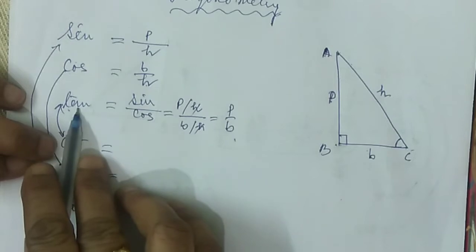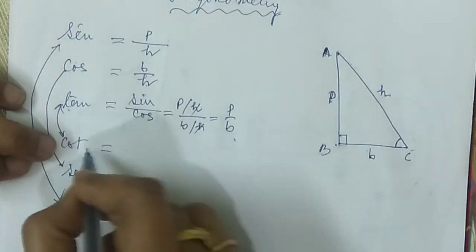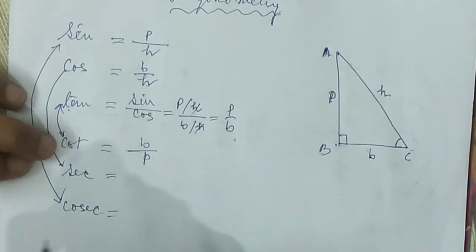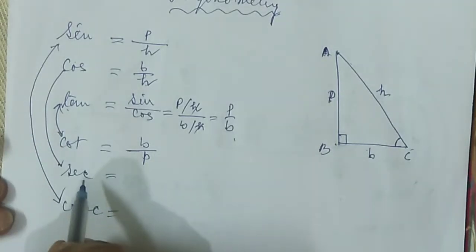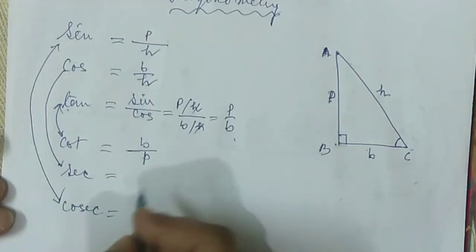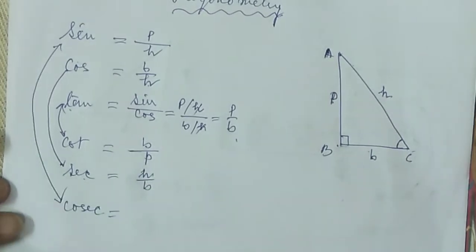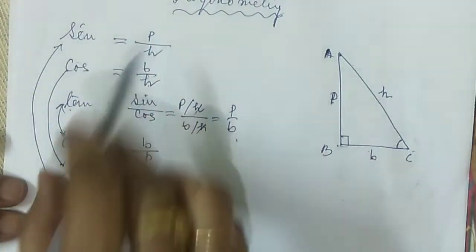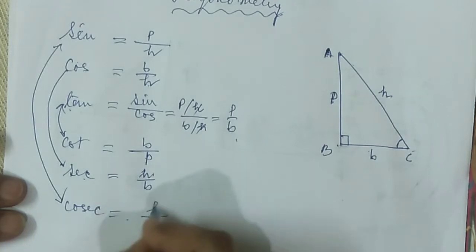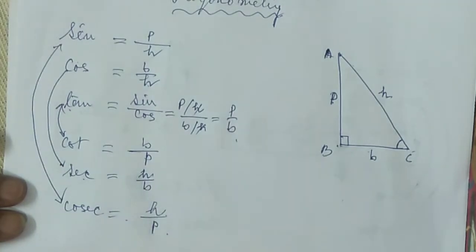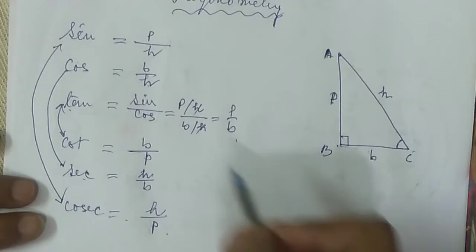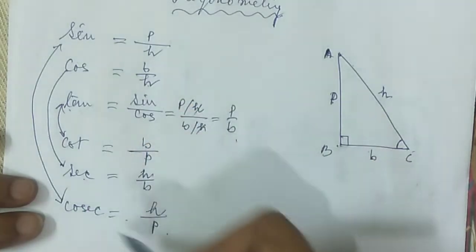For tan, if you get P by B, then cot will be B by P. Cos is B by H, therefore sec is H by B. Sine is P by H, therefore cosec is H by P. So this is the chart.